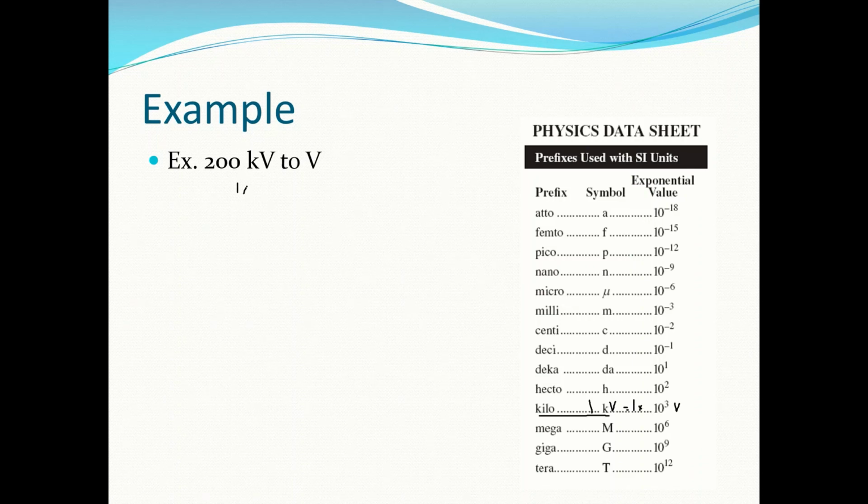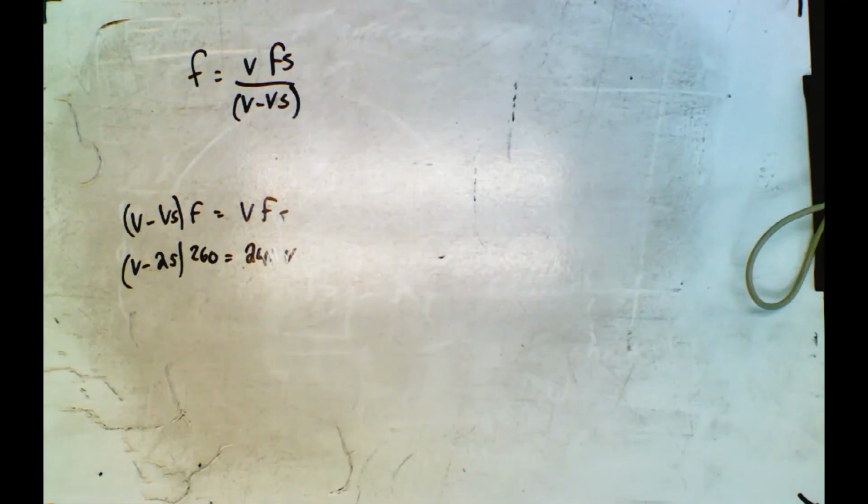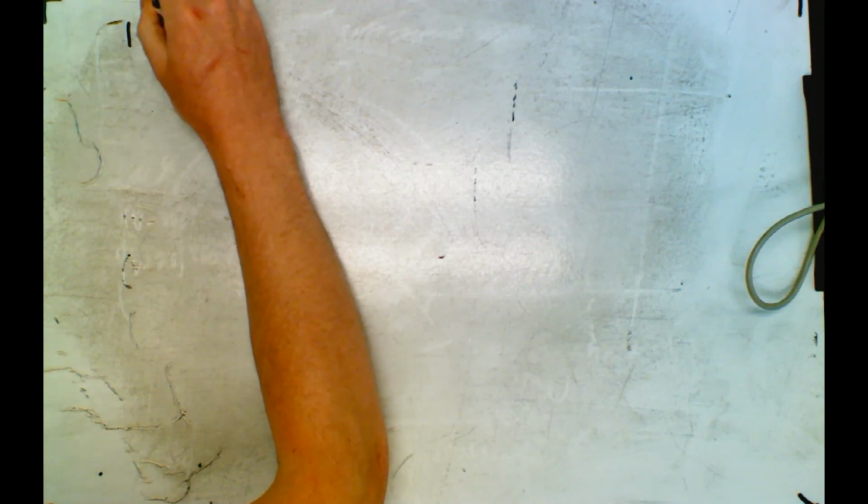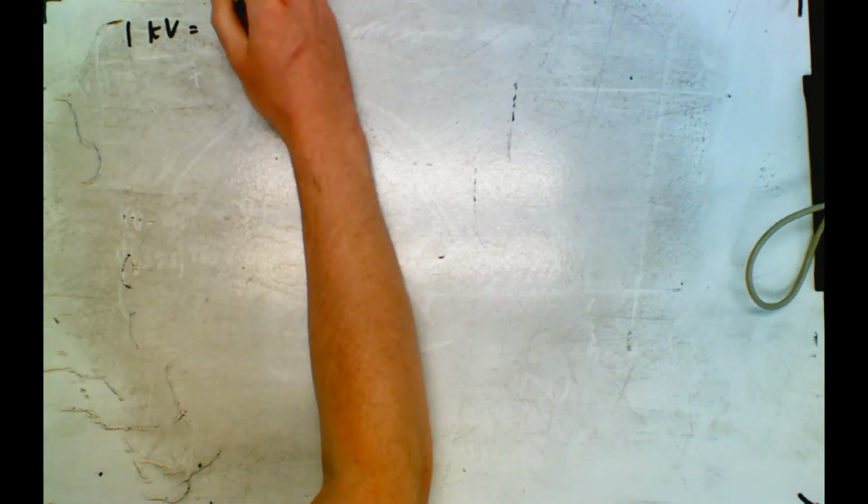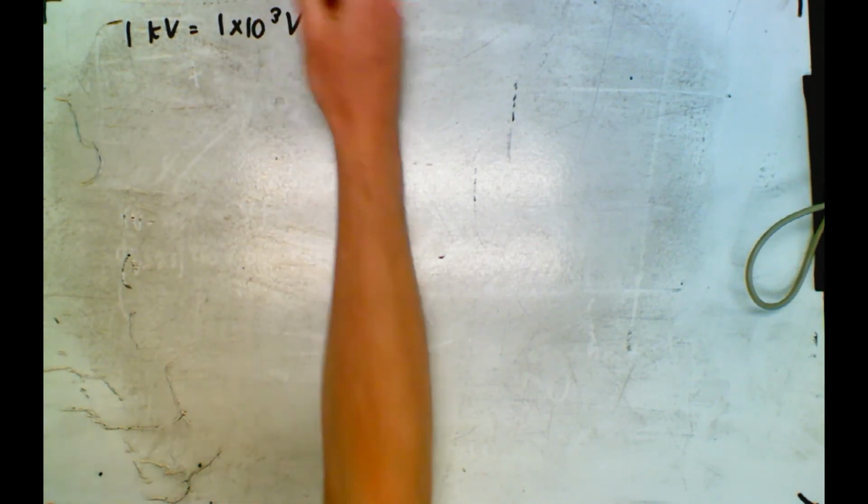And I write that out. 1 kilovolt is equal to 1 times 10 to the 3 volts. That's my first step. So I'm going to switch to my whiteboard here. It's just a little bit easier to write out. So I'm going to write out that conversion factor. 1 kilovolt is equal to 1 times 10 to the 3 volts.